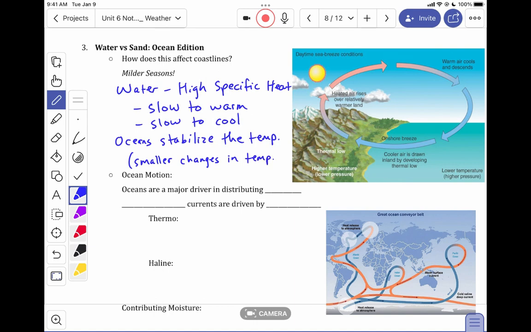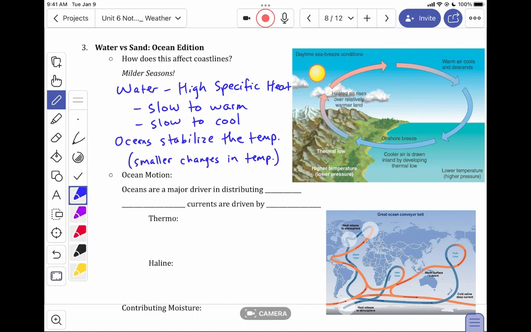So you take some place like South Dakota, it's not anywhere close to the ocean or even Lake Michigan, so it's going to get just brutally cold in the winter, but it's also going to get a lot hotter during the summer because it doesn't have the water to regulate it.